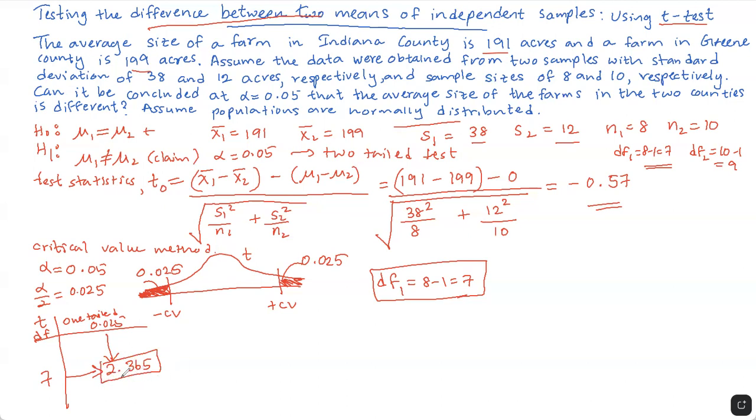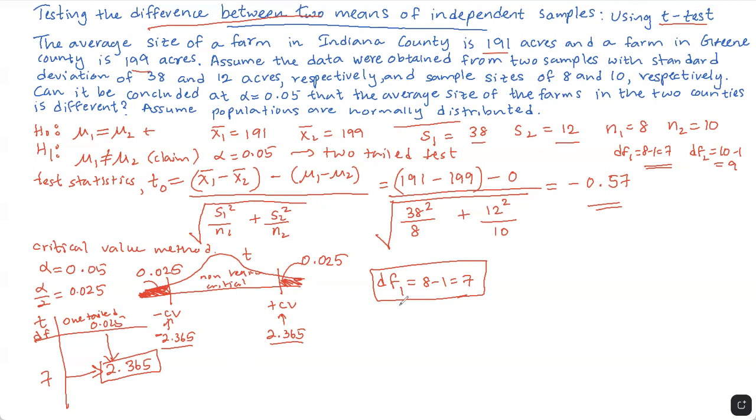In the t table, these are positive numbers, so this positive value is 2.365, and this value is negative 2.365. So now you have two cutoff values, which are critical values. This area is the non-critical region.